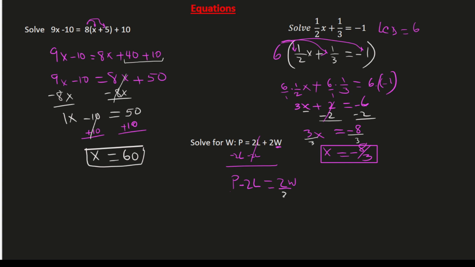Divide by 2 here, and if I divide this side by 2, on the other side of the equal sign I should divide this one by 2 as well. You see, this 2 over 2 gets cancelled out. So we are left with W is equal to P minus 2L over 2.